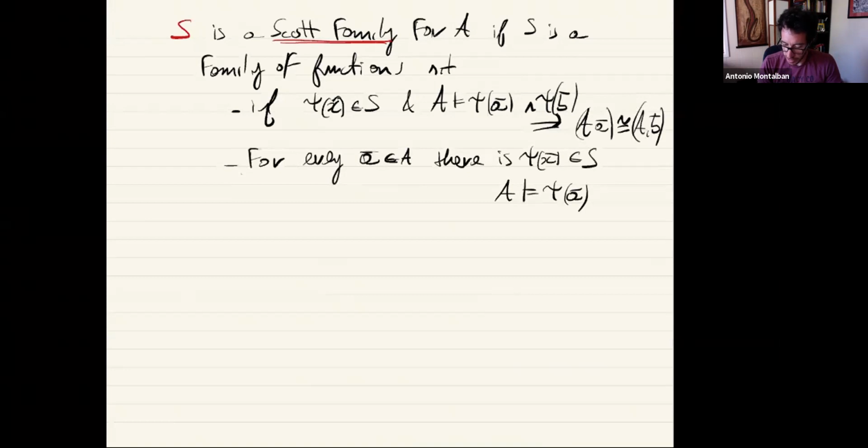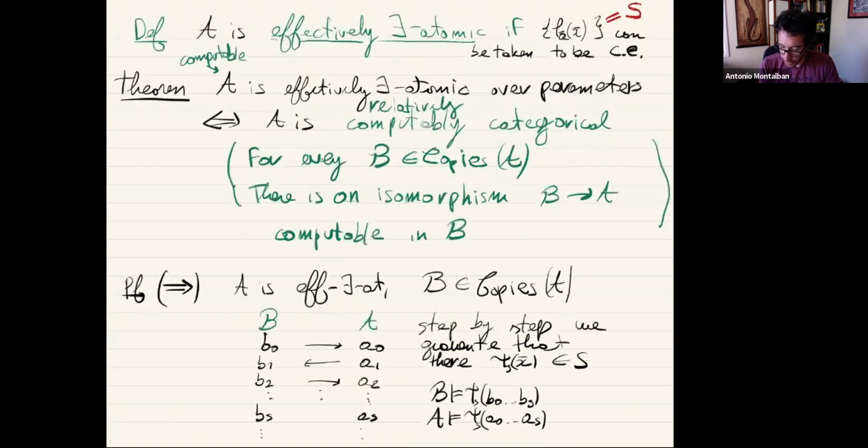So that's what this one is. This is a set of all the formulas that define all the orbits. So that's a Scott family. So what I'm saying is that effectively atomic means that there exists a set S with those properties that is CE.